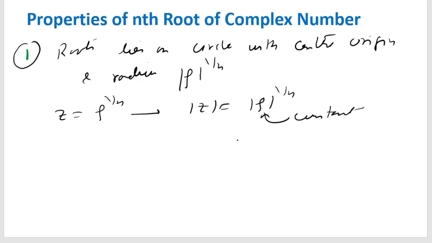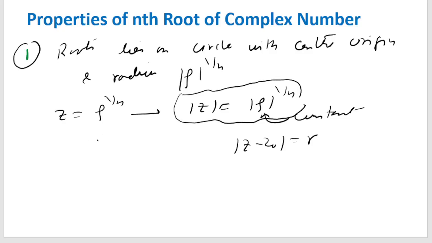So this is the same as, we recall, mod z minus z naught is equal to r, the constant, a real number. This represents a locus of a complex number with z naught as the center and radius r. So taking the modulus, we are able to know the locus of z.